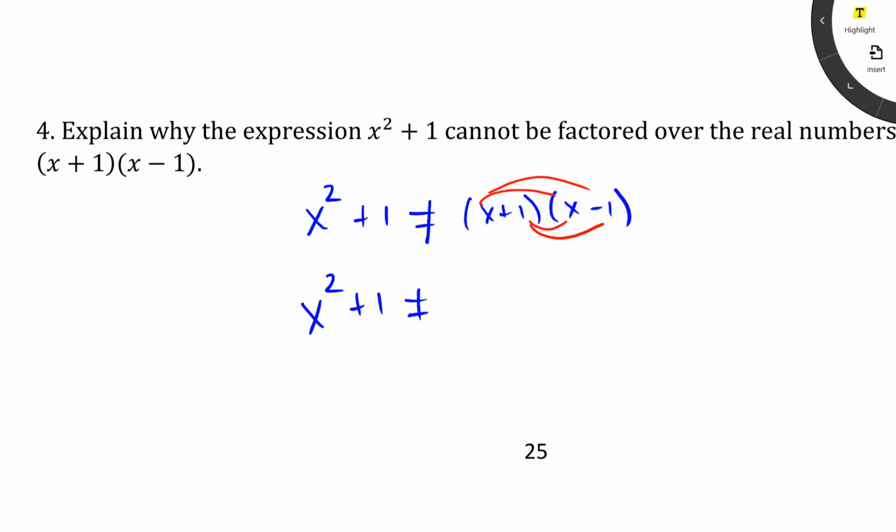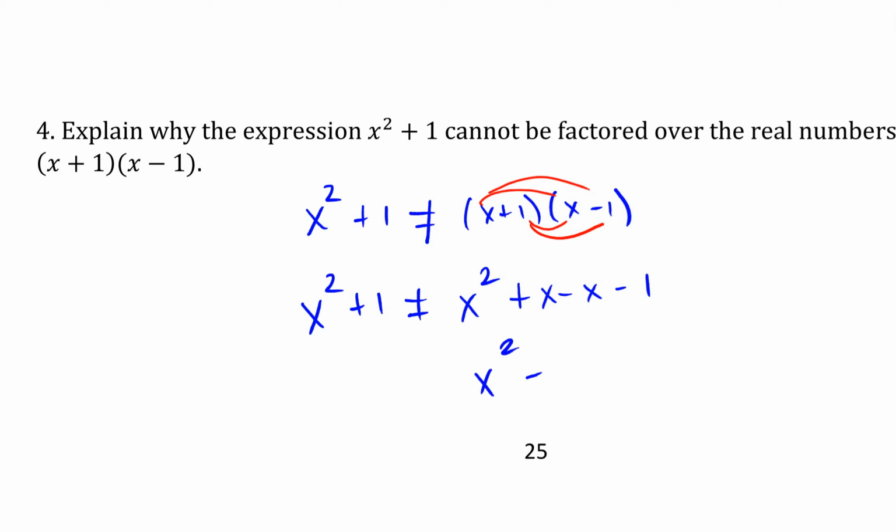This becomes x squared plus x minus x minus 1. If you're really good, you notice those were conjugates from class, and you already knew it was going to become x squared minus 1. But if you didn't, totally fine, I promise we'll get you there. So we see that these two things are not the same expression. One is addition, one is subtraction. So I've just proven that.